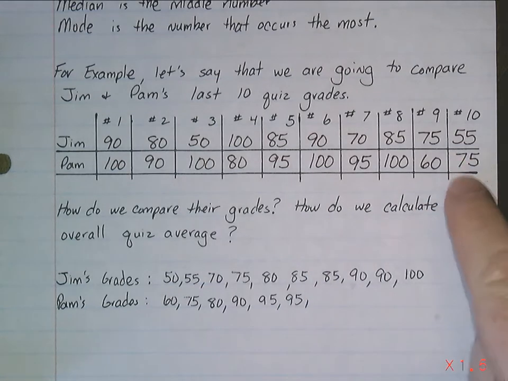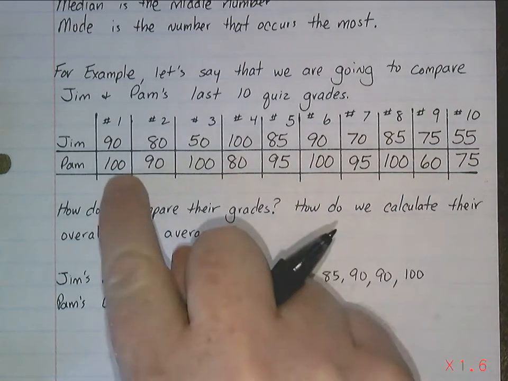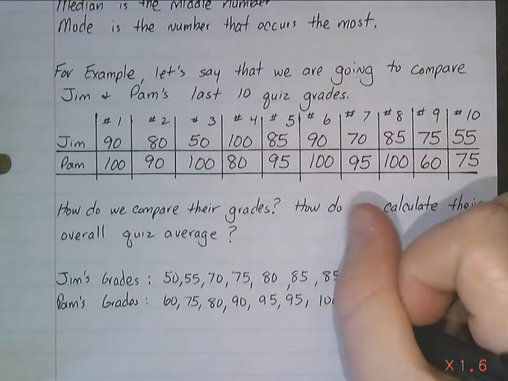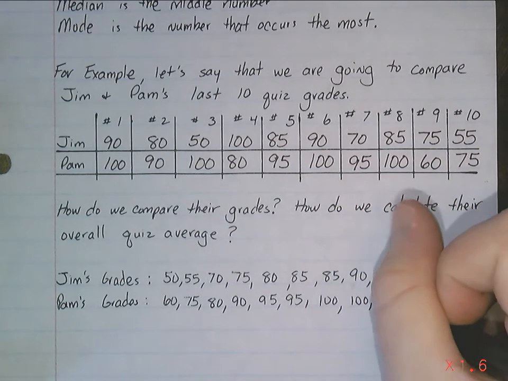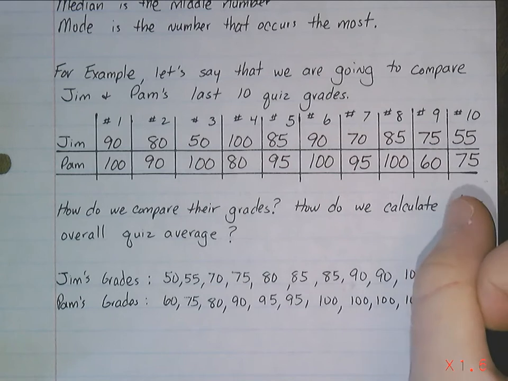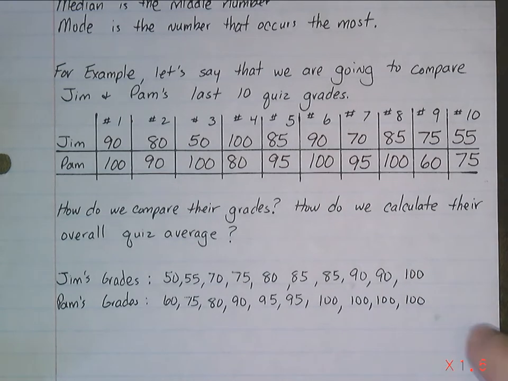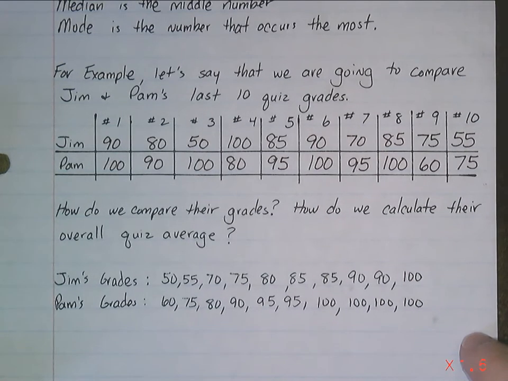Okay, and 100, 1, 2, 3, 4, four 100s. Okay. So she did pretty good on her quizzes. She did a lot better than obviously Jim.